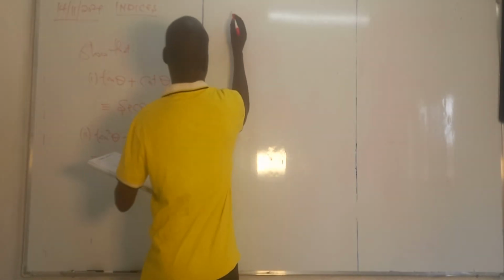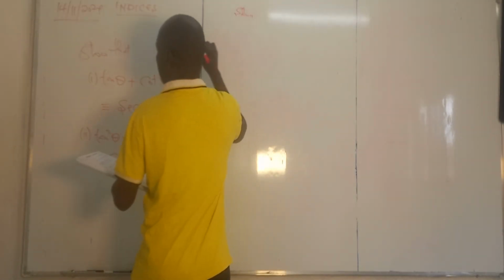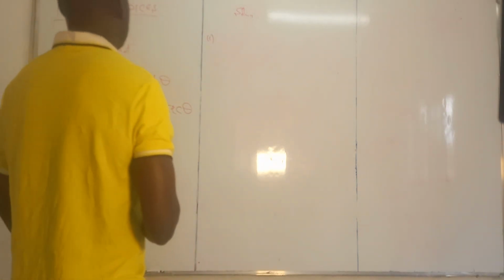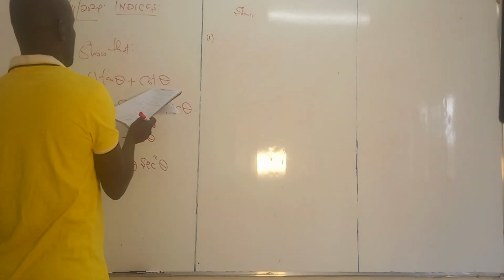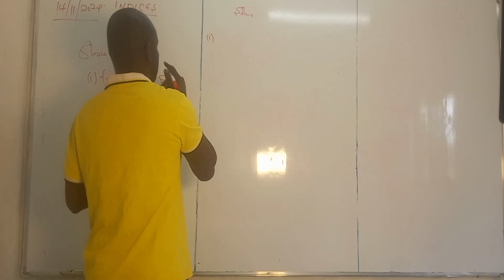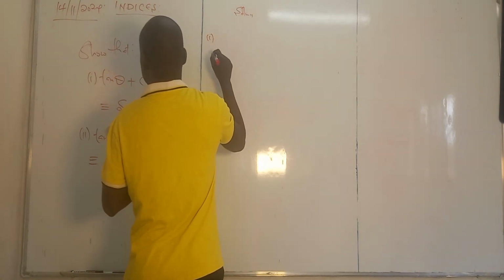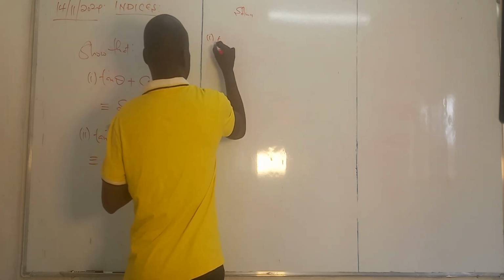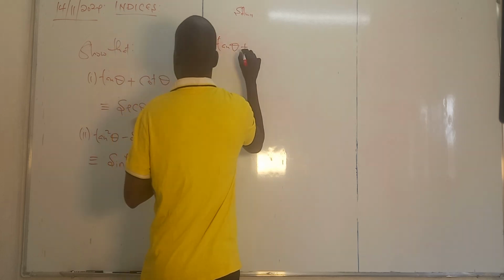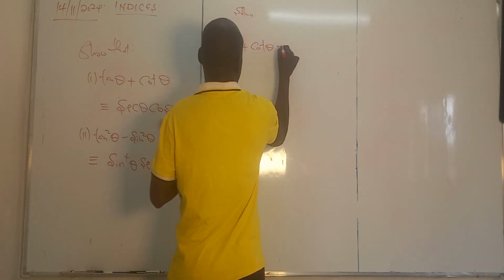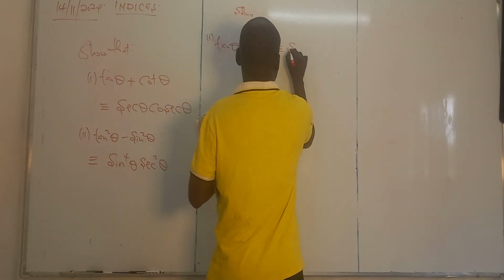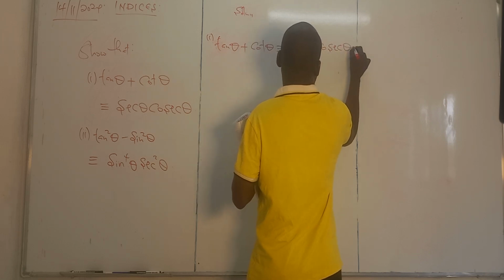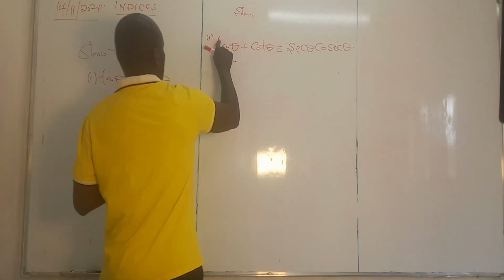So solution 1, that is Roman 1. Now, to show that tan theta plus cot theta is equivalent to sec theta cosec theta, this is what we need to prove or show.